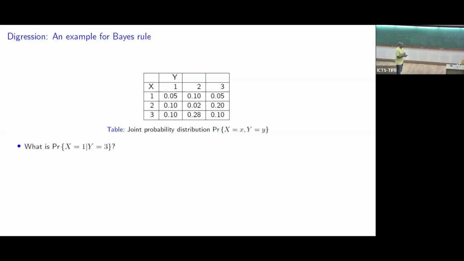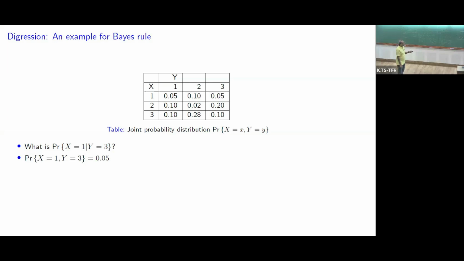So can you find this out? What is probability of x equal to 1 given y equal to 3? Can you do that from this table? So probability of x equal to 1 given y equal to 3 is the probability of x equal to 1 and y equal to 3 divided by the probability of y equal to 3.